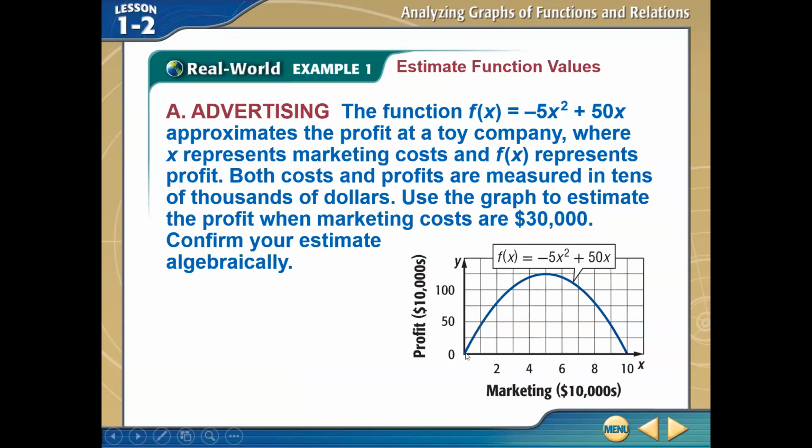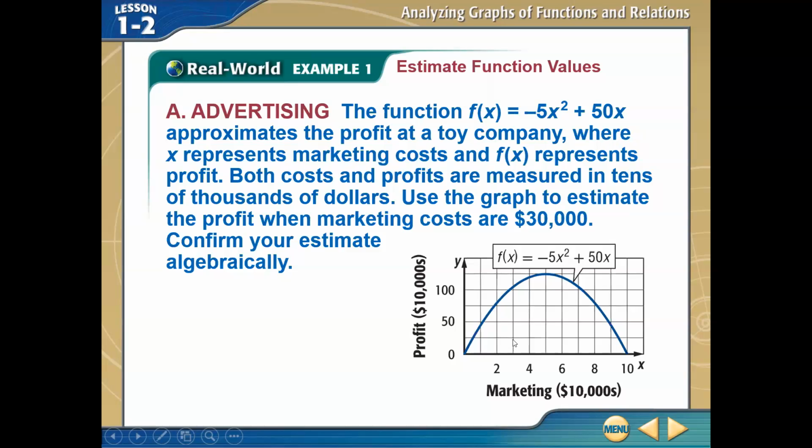When we're at the origin (0, 0), marketing budget is 0 and profit is 0. If we go 1 unit to the right, most people would say that's 1, but once again, we're in tens of thousands, so that's $10,000. Then a second unit is $20,000, and then $30,000.